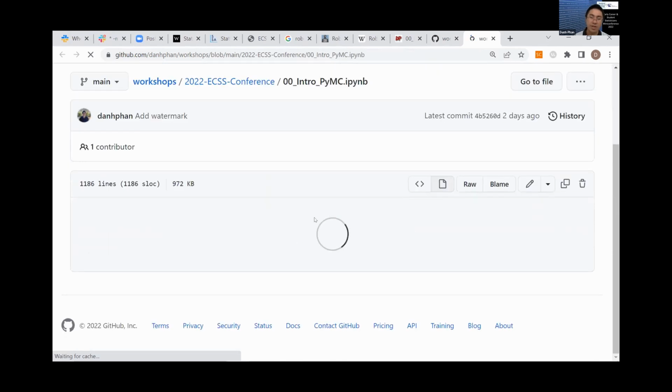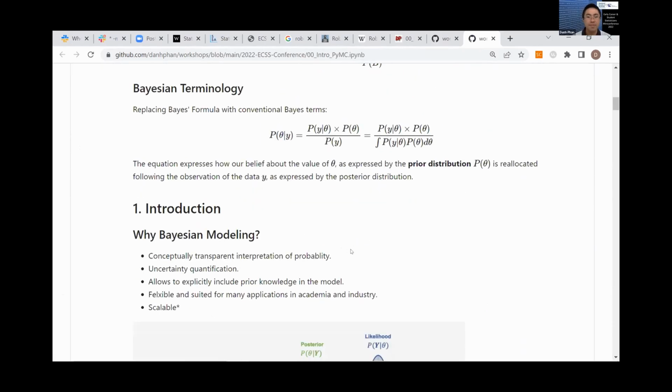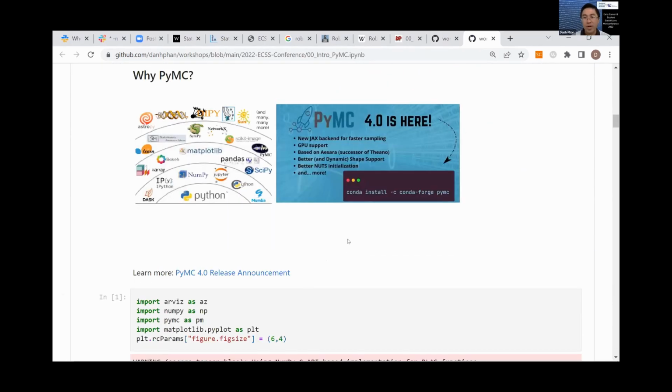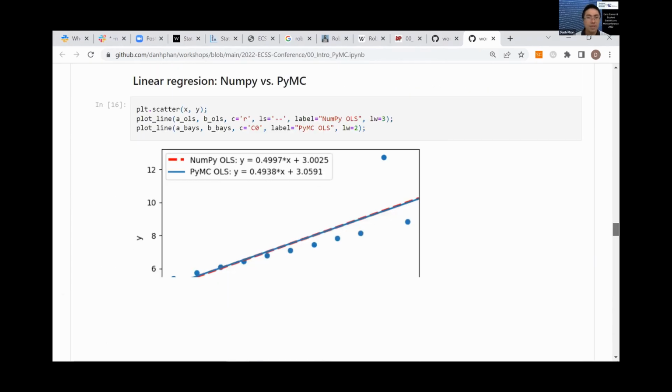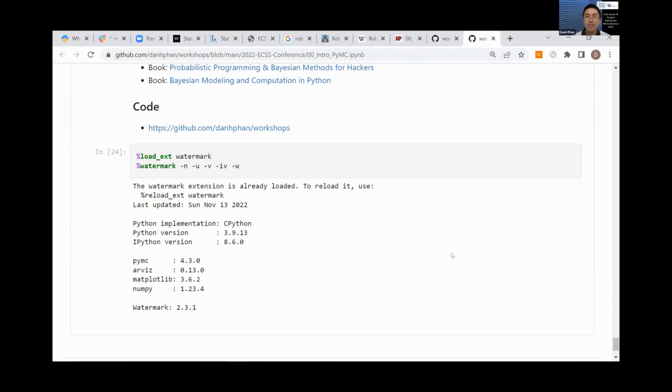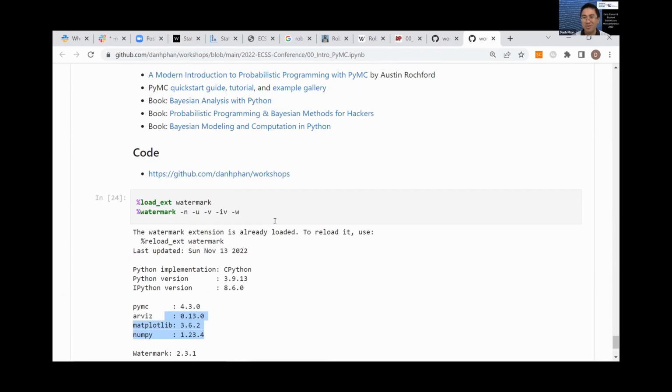You can download it and run it in your environment or in Google Colab, for example. I put some specific versions here as well, in case you want to replicate the environment. I will stop here and am happy to answer any questions.